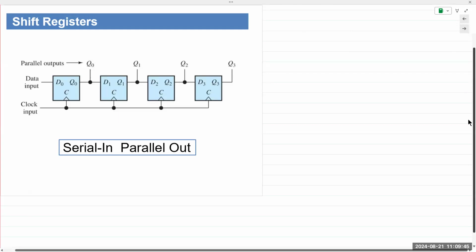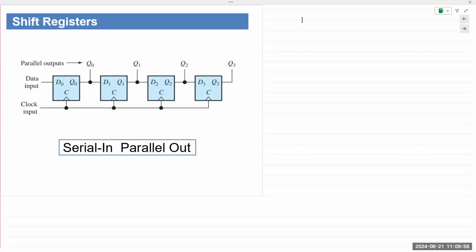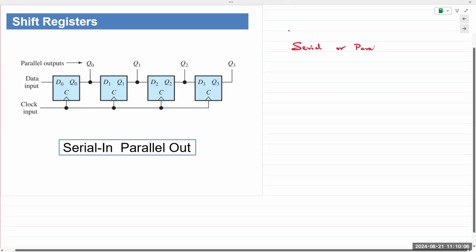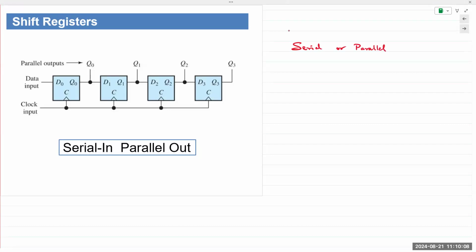Shift registers are of two kinds. Well, actually, technically speaking, there should be four kinds, depending on the mode of transfer of the bits. You can transfer either in a serial or in a parallel manner, meaning all bits come either all at once in parallel.